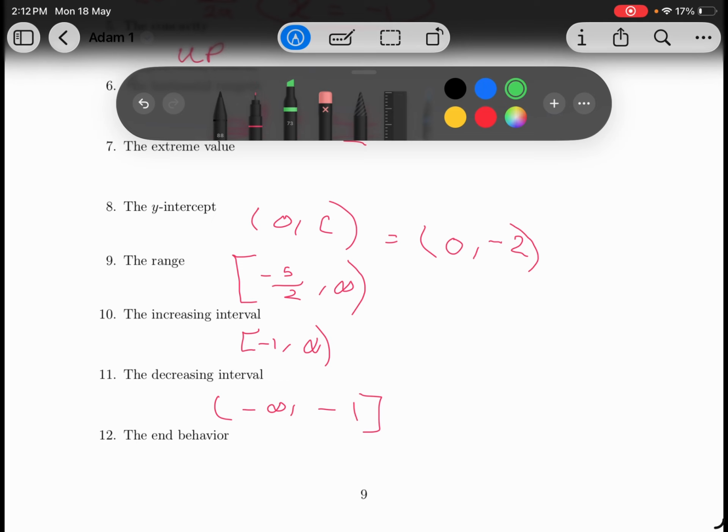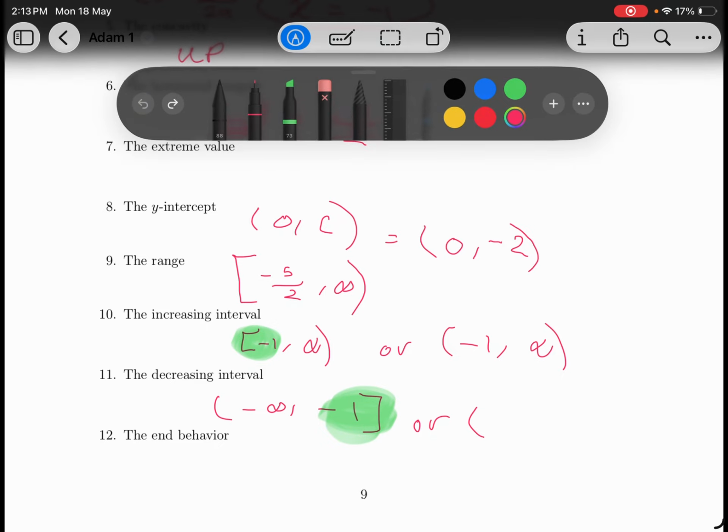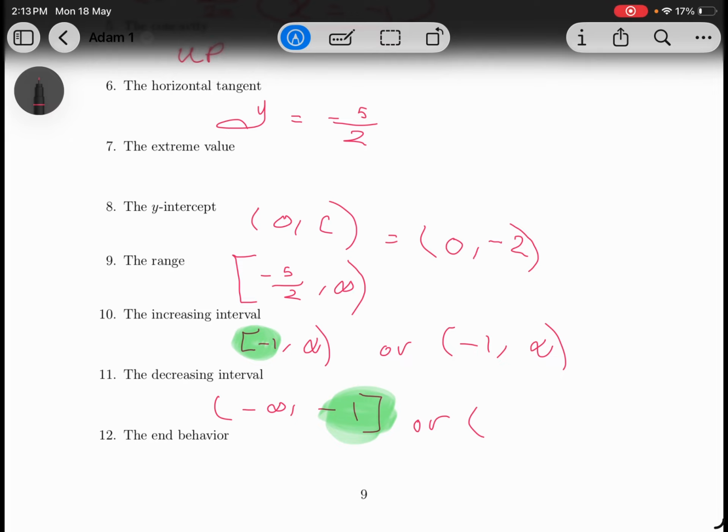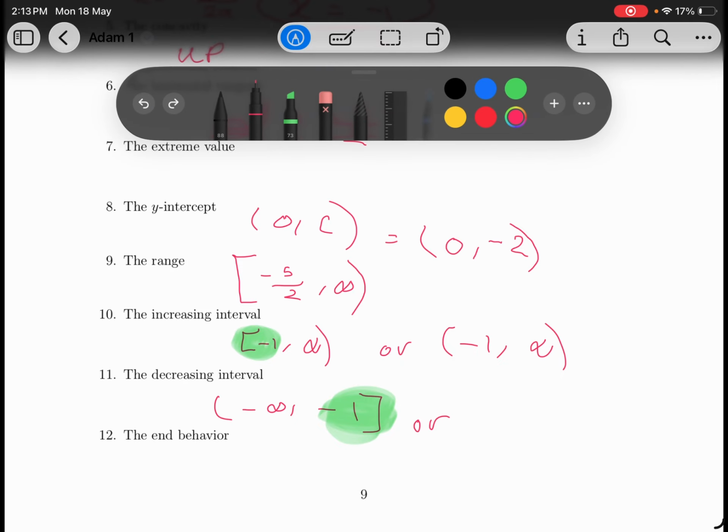And whether you make the interval from the side of minus 1 open or closed, both are accepted, both are correct. Okay, or here you can make it like that, from minus 1 to infinity, even this one here, or from minus infinity to minus 1, open is fine, or closed.